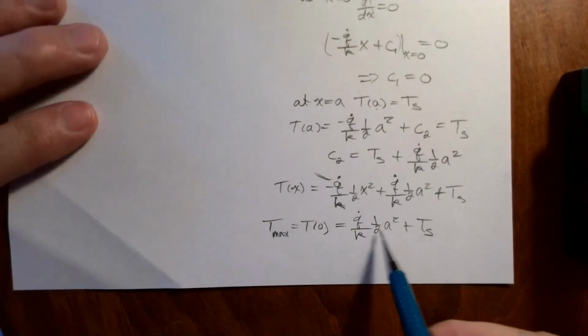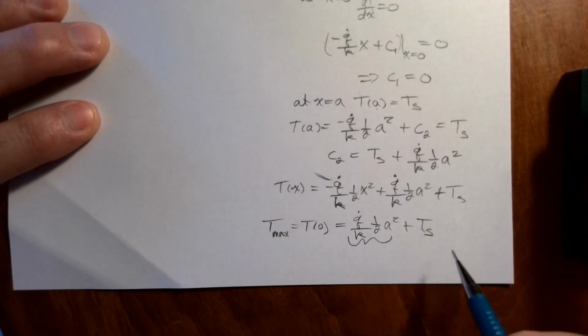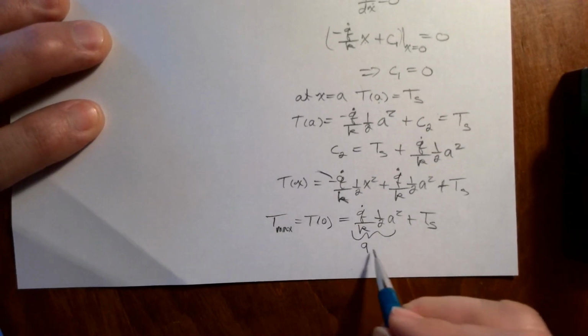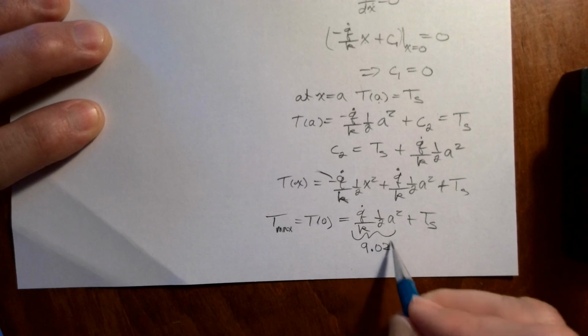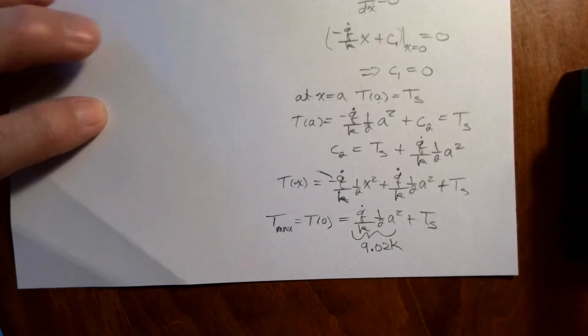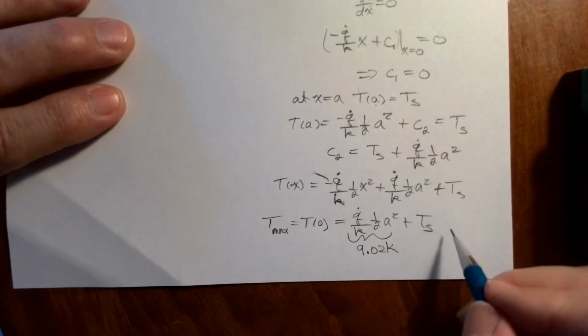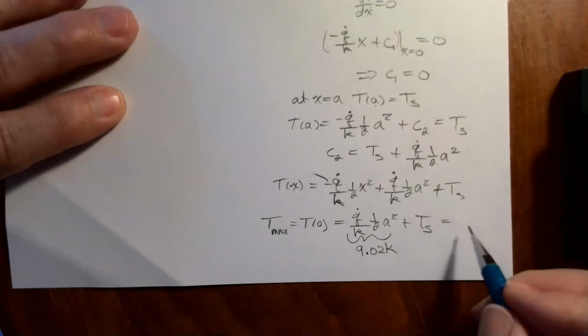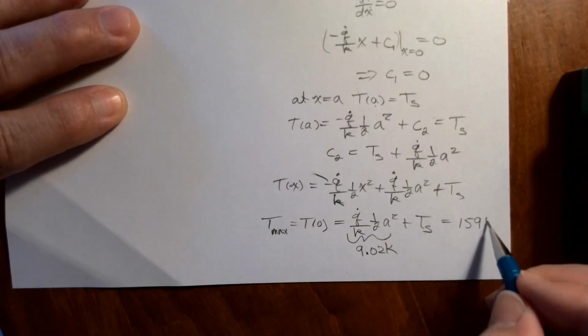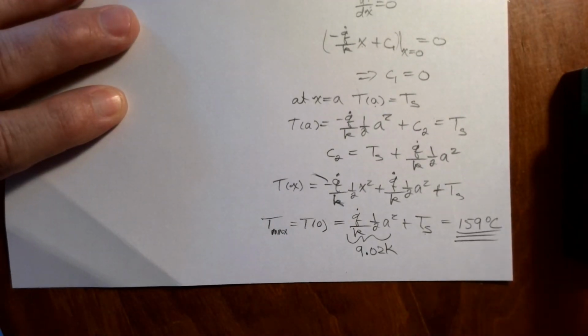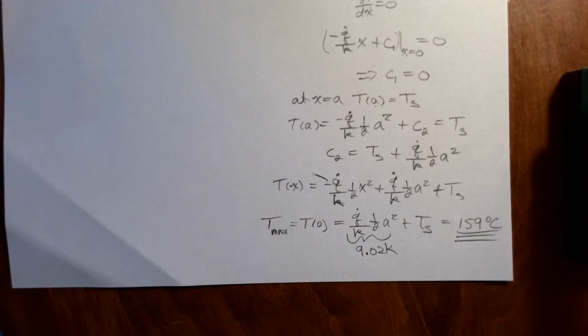Now we can just substitute in numbers. If you evaluate that, you get about 9.02 K. Add that to the 150, you get 159 degrees C is the maximum temperature.